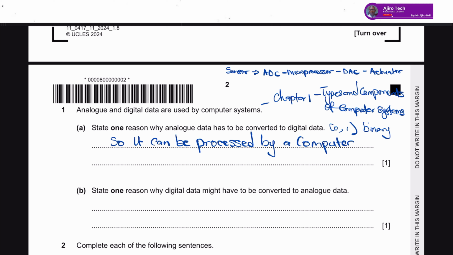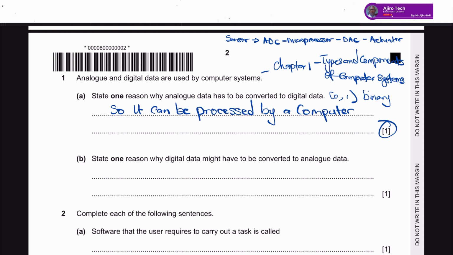State one reason. So this is this part. Let's look at it now. It says state one reason why digital data might have to be converted to analog. Now, again, why does it need to be converted? Because again, the whole idea of conversion to the actuator is that it can be able to control something.